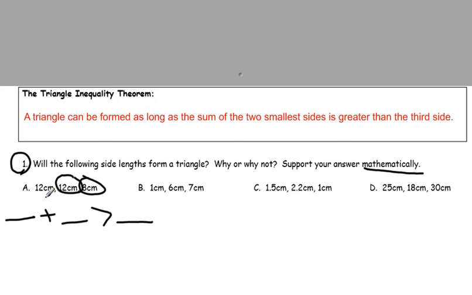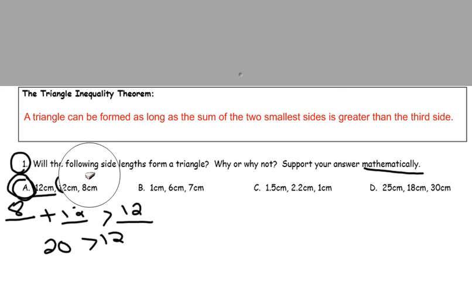So 8 and 12 here. Is 8 plus 12 greater than the third side, which is also 12? Well, 8 plus 12 is 20. Is that greater than 12? So this one, I'm going to circle A. A is a set of side lengths that will form a triangle, and you're supporting your work mathematically in this part.